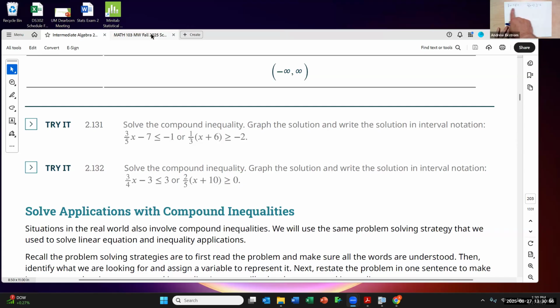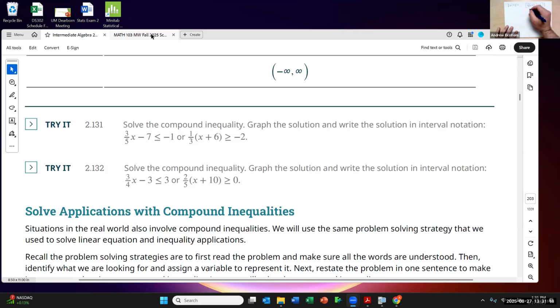So for this one, if I wanted to, I could multiply everything by 5 and carry on from there. Here, I can try to distribute the 1/3 to everything and put fractions everywhere. Or I can just come out and say, I hate fractions.